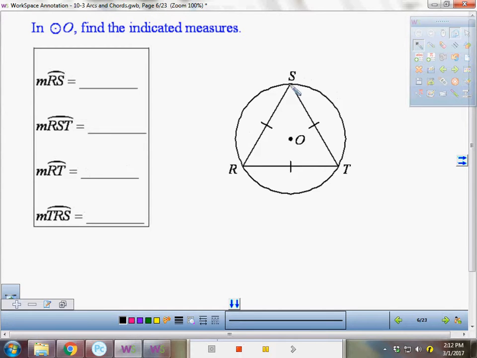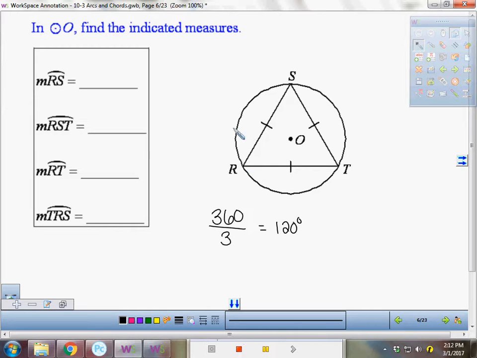Alright, this time I have a three-sided figure in which all three sides are the same. So again, 360 all the way around. I'll divide that by 3 because I have 3 equal sides. Alright, so that means every single piece is 120 degrees.